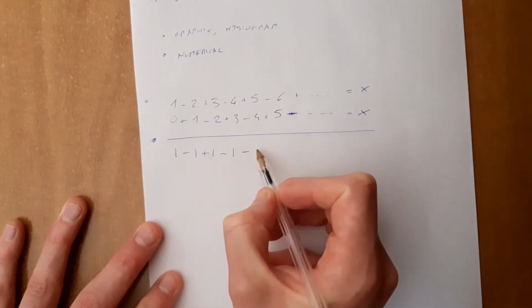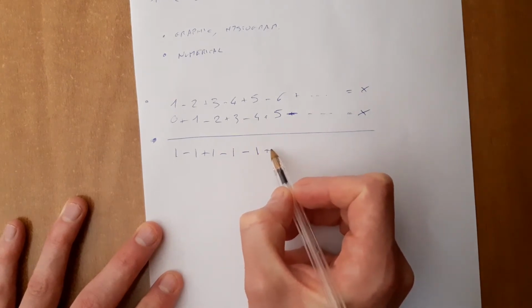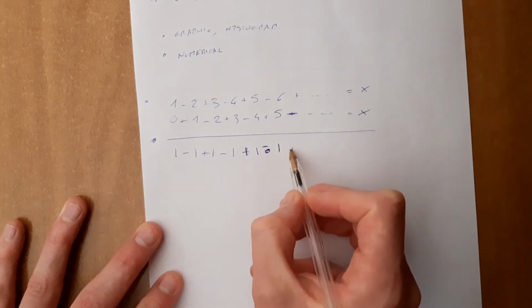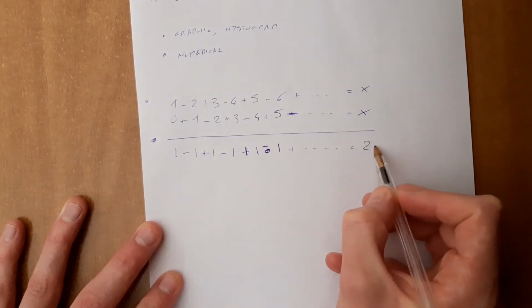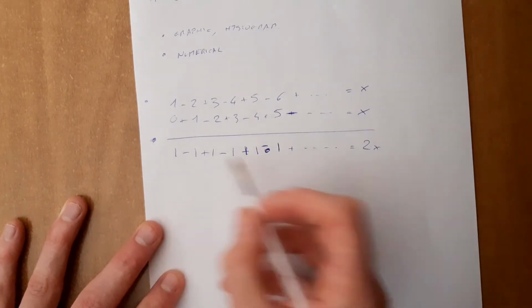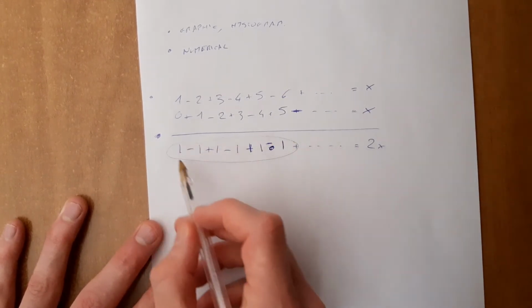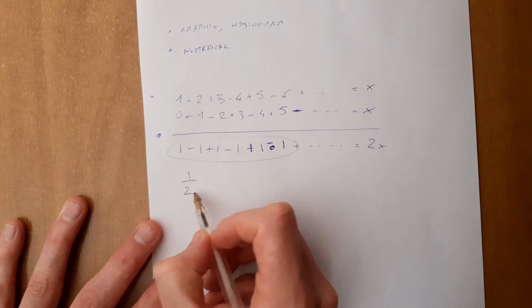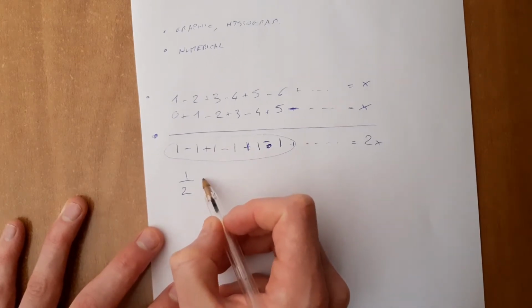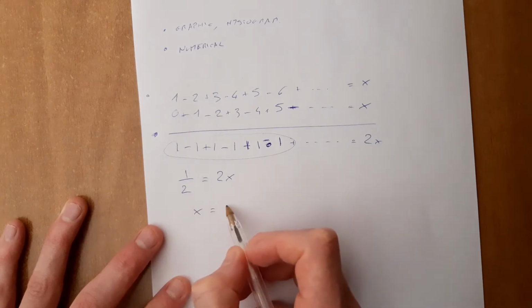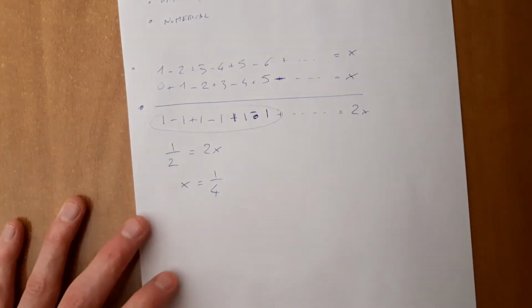We get this as a vertical sum. Sometimes I make some mistakes with the numbers because I'm writing fast. But this is equal to 1 over 2, as we saw in a previous episode. So x equals 1 over 4.